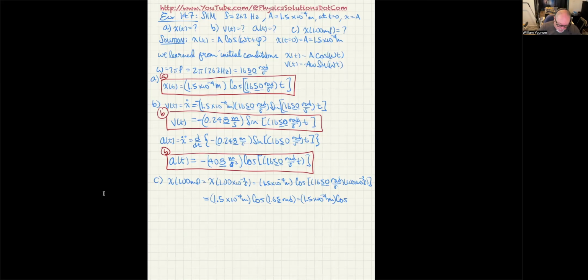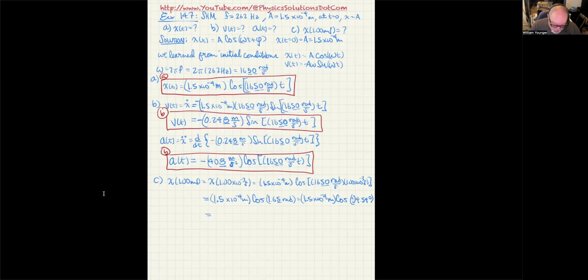So I'm going to say times 180 and then divide it by 3.14159. So taking the 1650 times 1.0 times 10 to the negative third, which is 1.65, and multiplying it by 180 and then dividing it by pi, that gives me 94.54 degrees. And by doing it that way, I don't have to change my calculator mode.